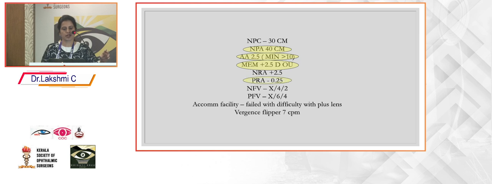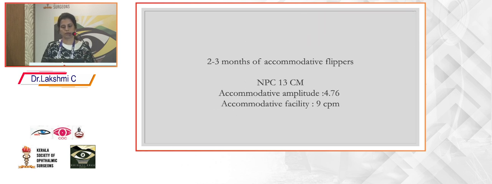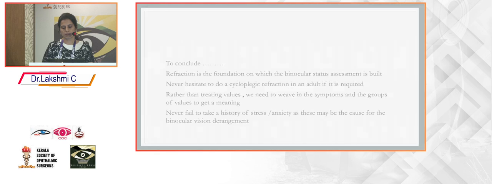It was a severe accommodative insufficiency, and in facility also he was finding it difficult to clear plus lens. So he has accommodative insufficiency. If we see the vergence also, it is less, because he has secondary vergence involvement also. So we cannot separate these in most of the cases. He improved with accommodative flippers, and the NPC also improved in some time.